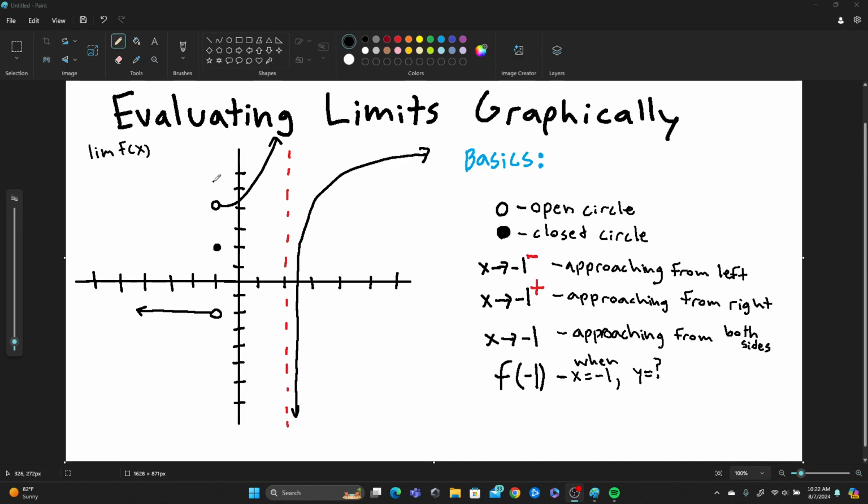So when you approach x equals -1 from the right and from the left, they don't agree. They don't meet at the same y value. This one's y equals 4 and this one's y equals -2. Because they don't agree, the answer would be it does not exist.